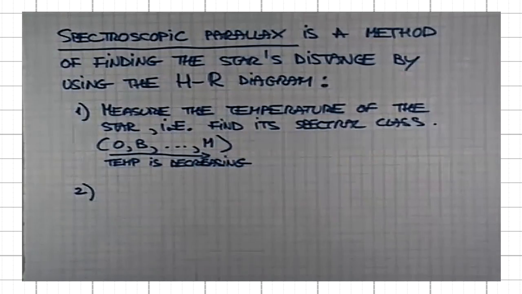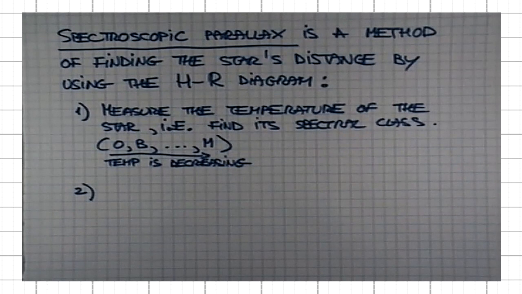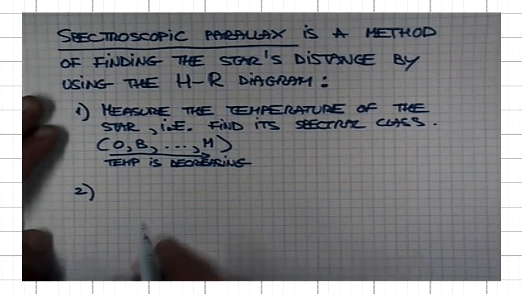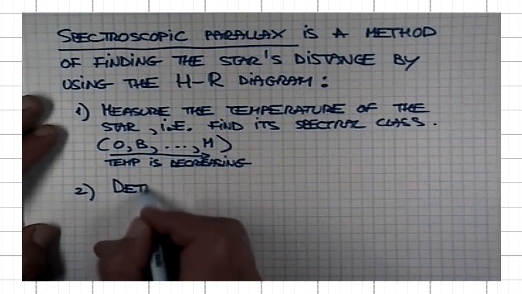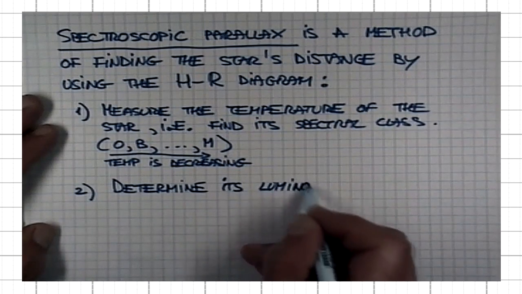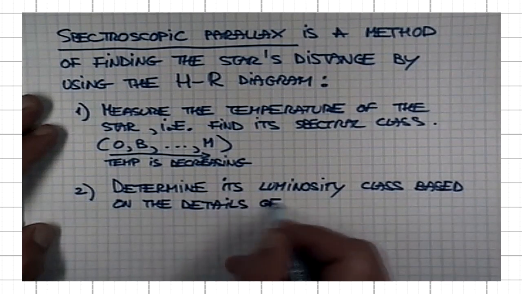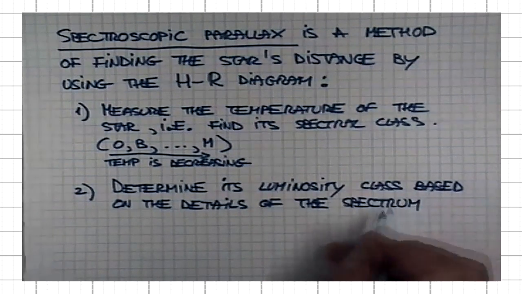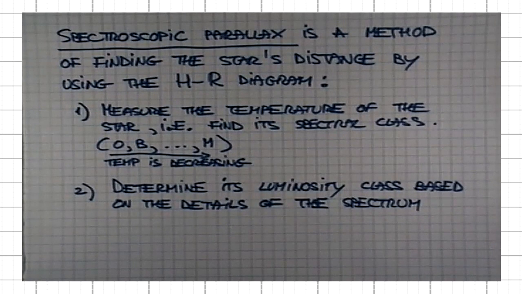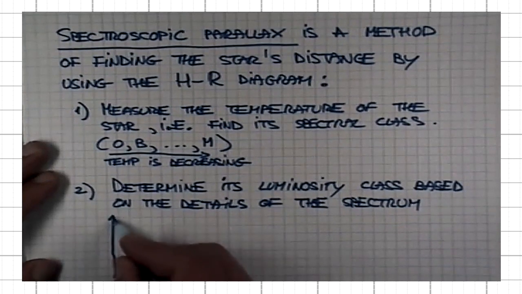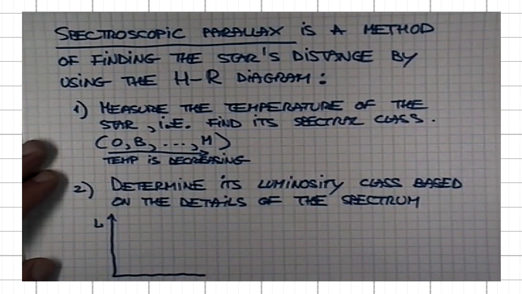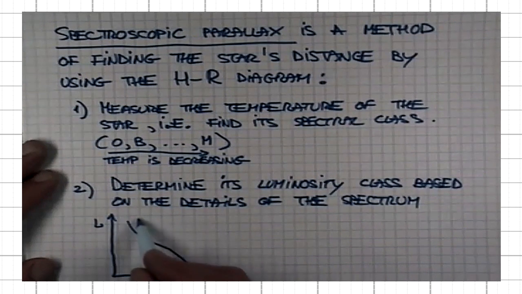Then, from its spectrum, determine its luminosity class. Okay, once you know the luminosity class, say it's a main sequence star, and by knowing its temperature, then you can read off on the HR diagram, right?